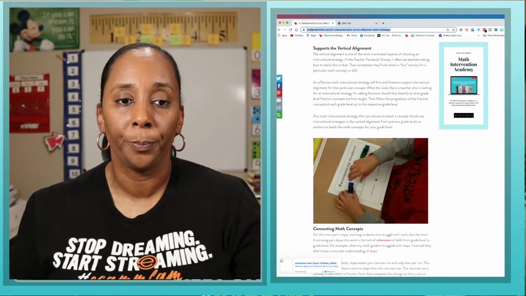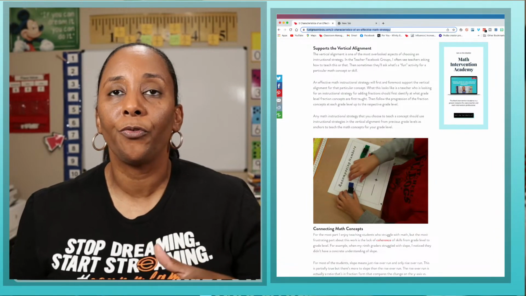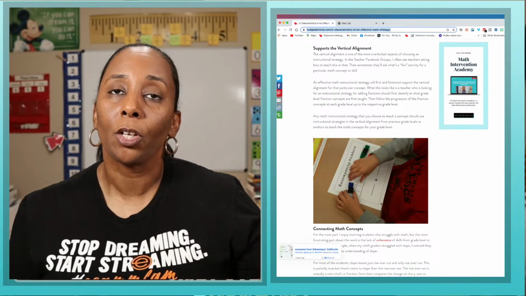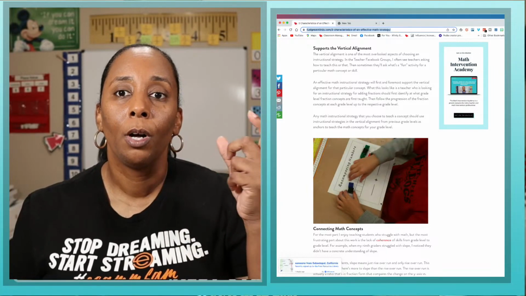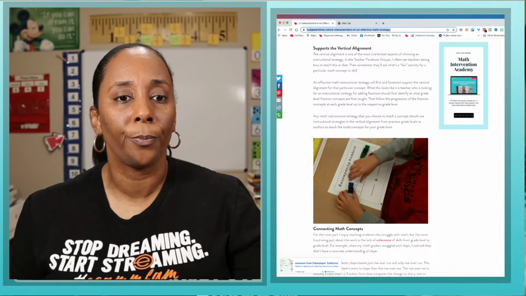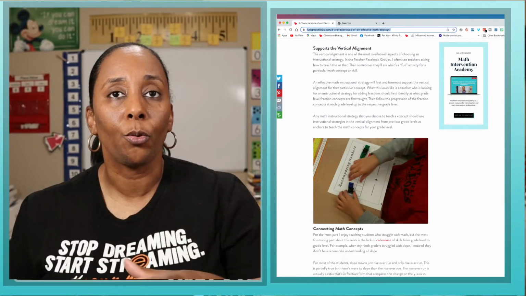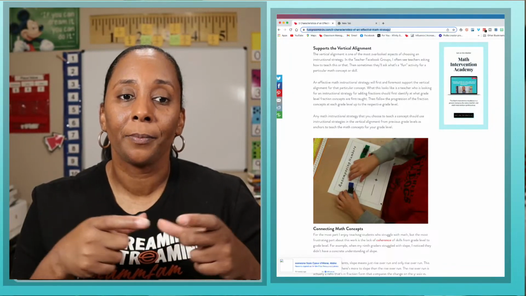For example, if we talk about the 3rd through 5th grade band, there's a fraction, decimal, and whole number strand that runs from 3rd grade to 5th grade that is supported and connected.